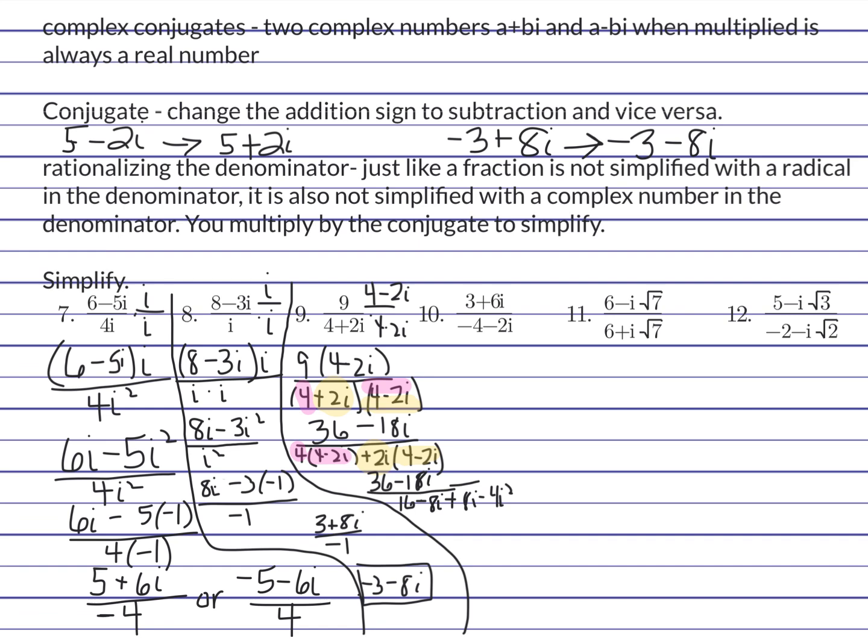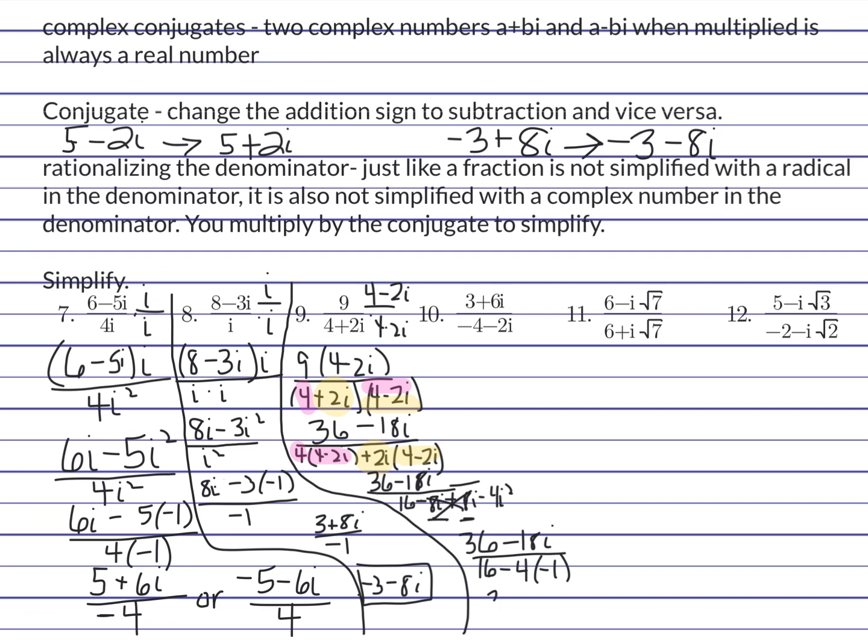And then I'm going to simplify in the denominator. 36 minus 18i divided by, these two combine and cancel out, divided by 16 minus 4 times negative 1.